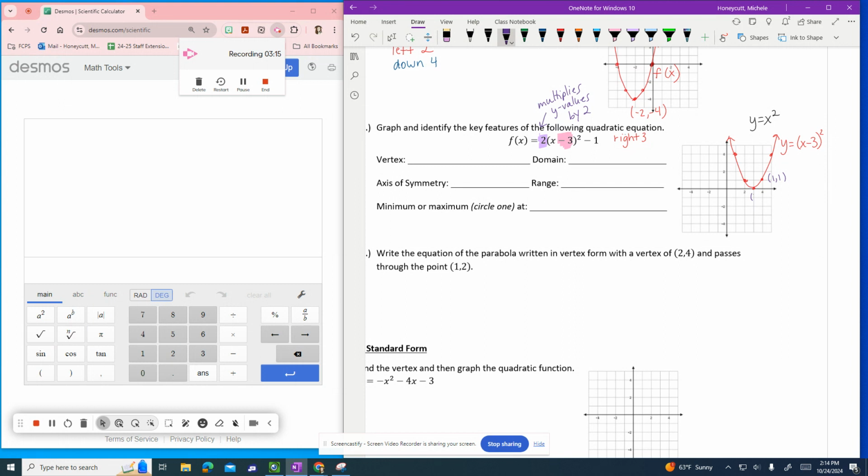This coordinate pair is 3, 0. This coordinate pair is, that's not 1, 1, that is 4, 1, and 5, 4. What's going to happen to all of the y values? X values will stay the same, but the y values will now be multiplied by 2.